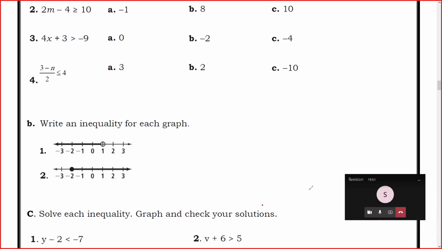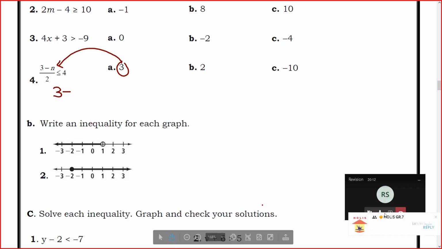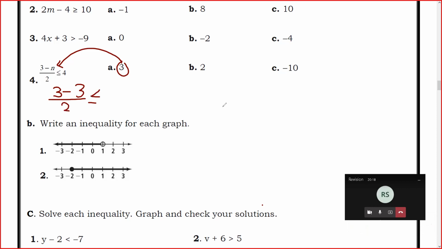Rama, can you help me with A? Let's see if number 3 is a solution or no. You're gonna now replace n with 3. So 3 minus 3 over 2. Is it less than or equal to 4?